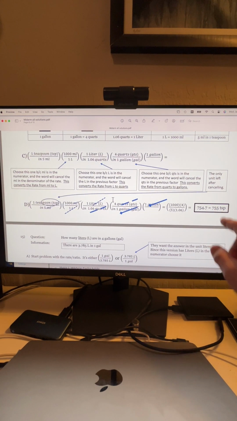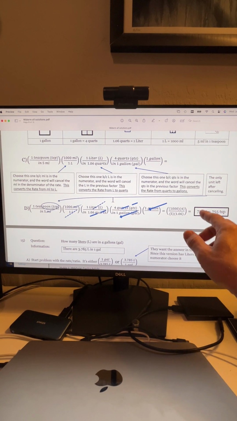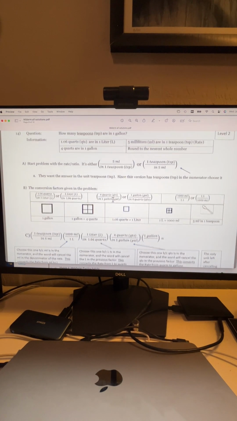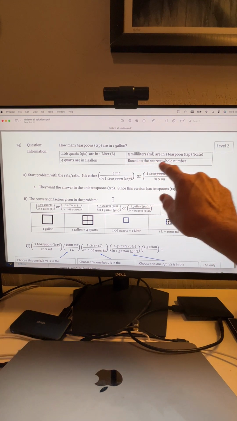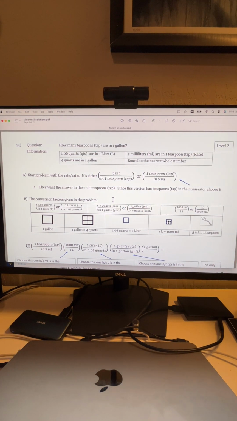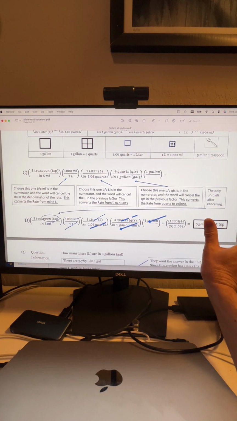And there you go, and then it asks you: 754.7 teaspoons, and they want you to round it to the nearest whole number. So that means no decimals. So what we're going to do is that's the nearest whole number.